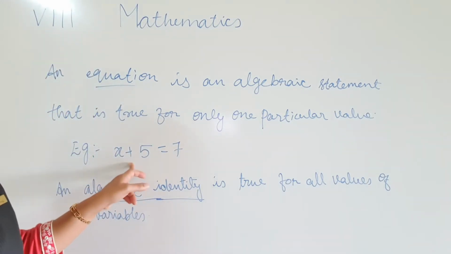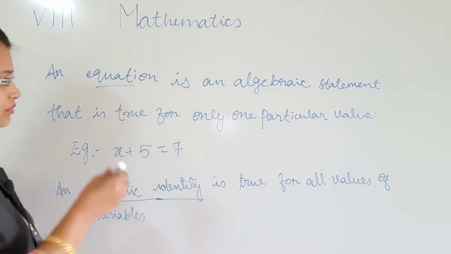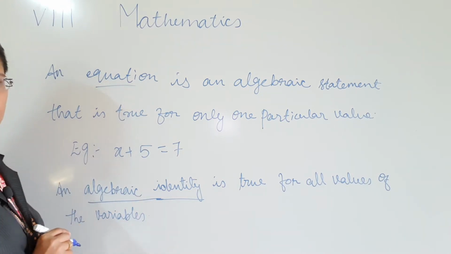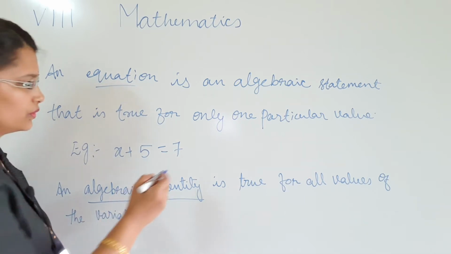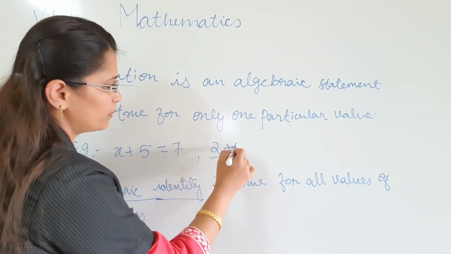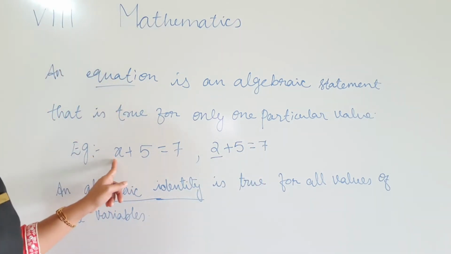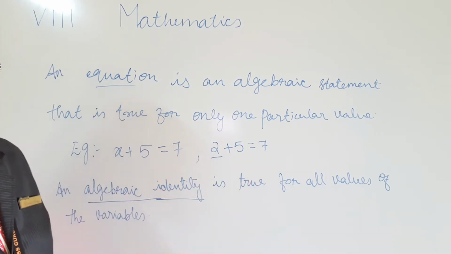Example, x plus 5 is equal to 7. So, what is the value of x here? Dash plus 5 is equal to 7. You know that x is equal to 2, right? 2 plus 5 is equal to 7. Here, only one value satisfies this equation, right?